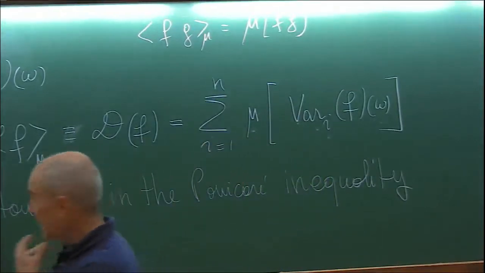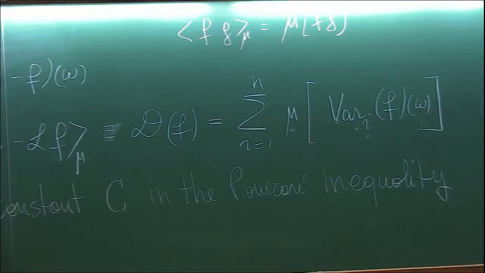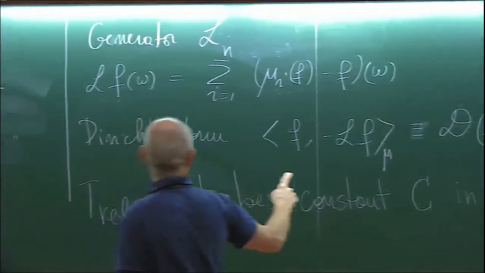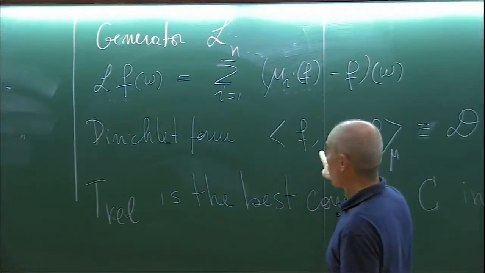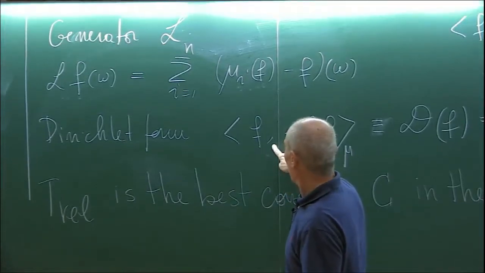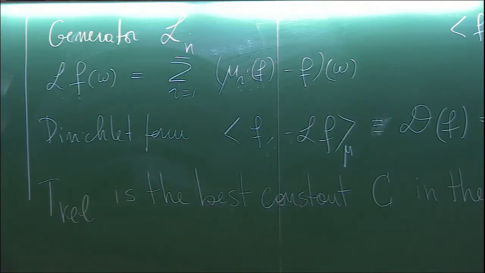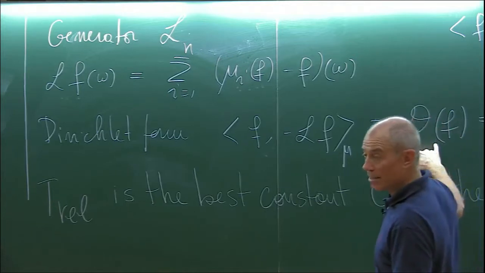If you want to compute the eigenvalues of L, you can use the minimax, the variational representation, in which you compute the quadratic form of L, which is the Dirichlet form, well, minus L, and compare it to the L2 norm of a function. The L2 norm of a function, if the function has mean 0, is just the variance. That's why we are interested in the Dirichlet form.